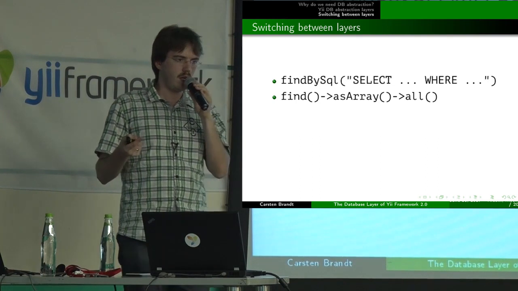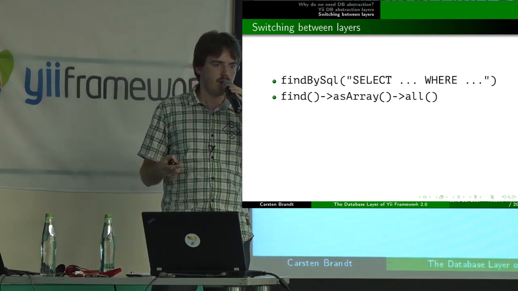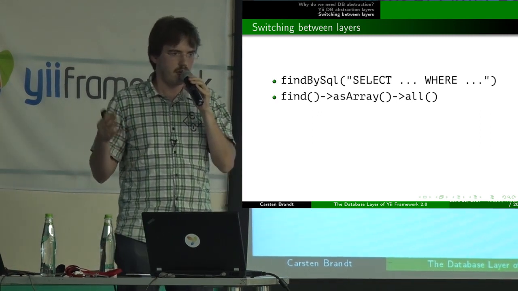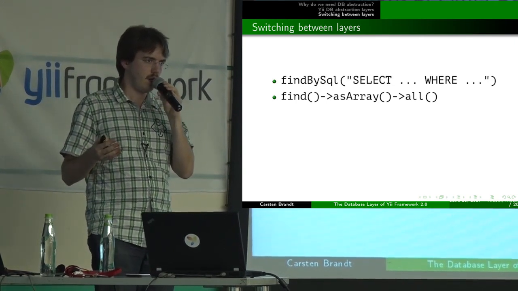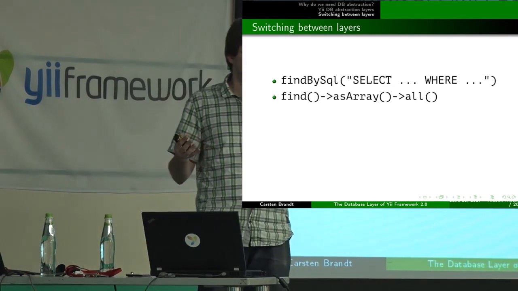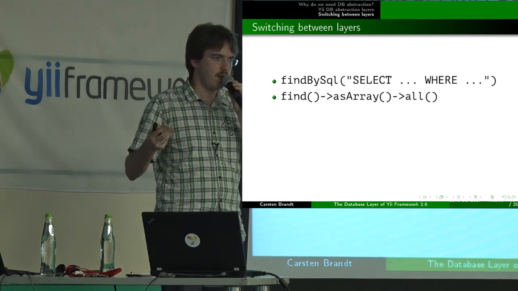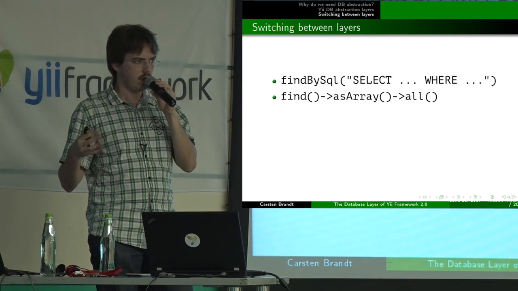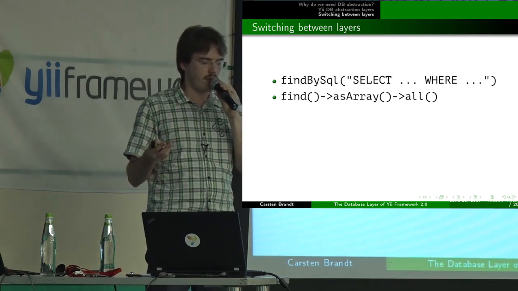With active record, we have conversion of types. For example, if you select things from a database via PDO, everything will be a string. And active record has some functionality implemented that will convert these strings based on the knowledge it has. The active record knows which table it belongs to, so it knows the table schema, and it also knows which columns need to be integer, for example, or which columns are Boolean.